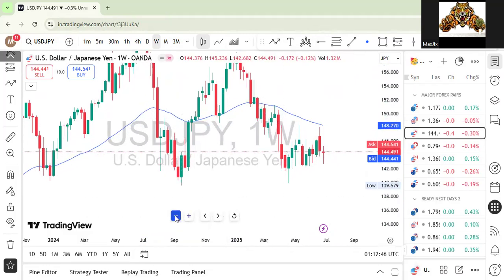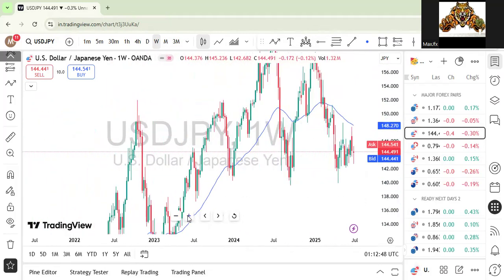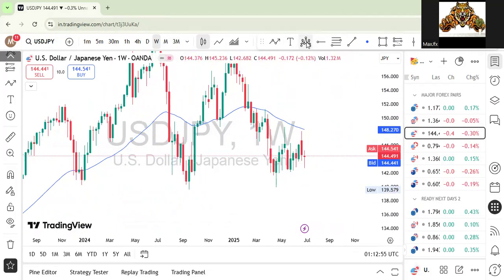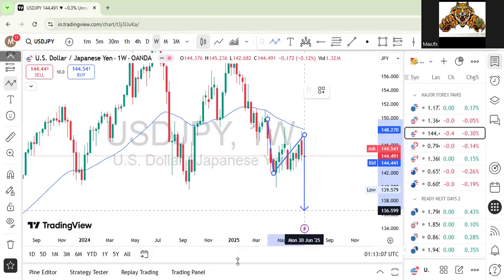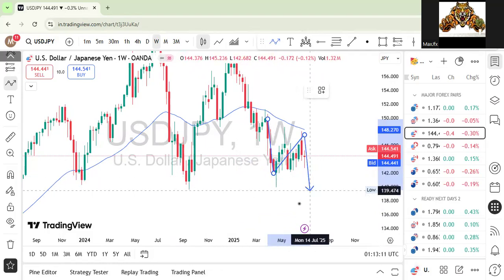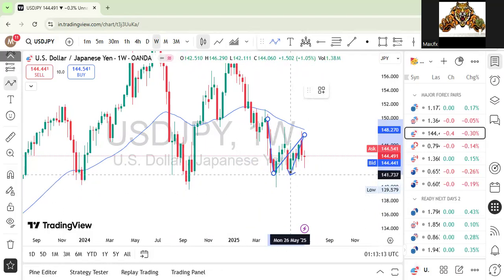So we are going to look for zones right here. But the thing is that it's making a consolidation right here, because it was supposed to continue making downward moves. But there's an issue. When it got here, look at the price action right here.